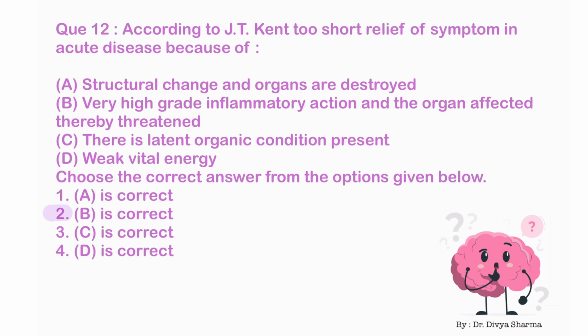It has 2 parts, one which mentions the acute disease, the second mentions the chronic disease. Now according to J.T. Kent, in acute disease, very high grade inflammatory action or the organ affected thereby is threatened in case of too short relief of a symptom. So the correct option is option 2.